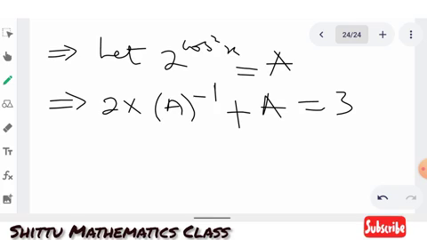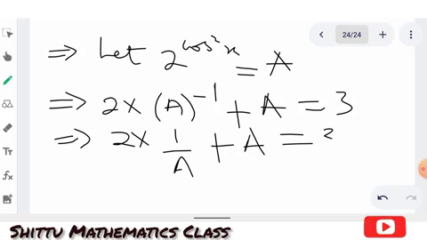Now, the next thing we are going to do is that we can see that 2 times a to power minus 1 can be 2 over a, plus a equals 3. We want to deal with this a found in the denominator here.